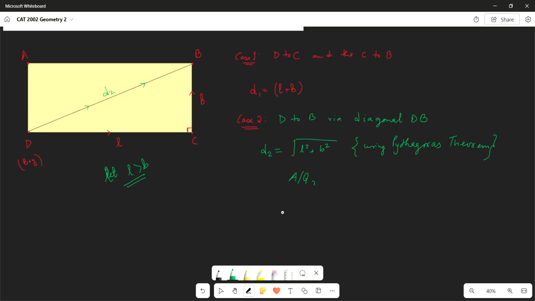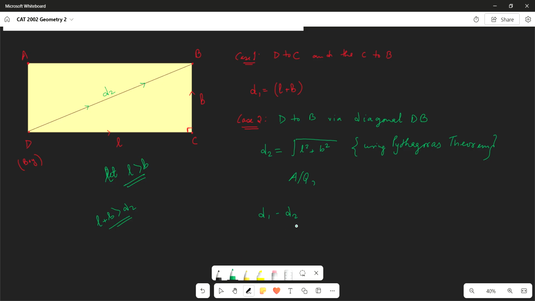The distance saved will be D1 minus D2. Obviously D2 will be less, because this is a triangle, and in a triangle the sum of any two sides is greater than the third side. So L plus B is greater than D2.